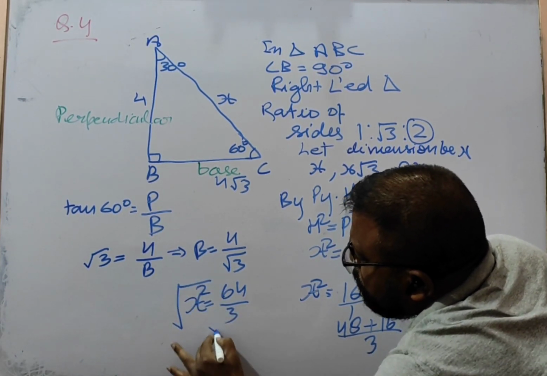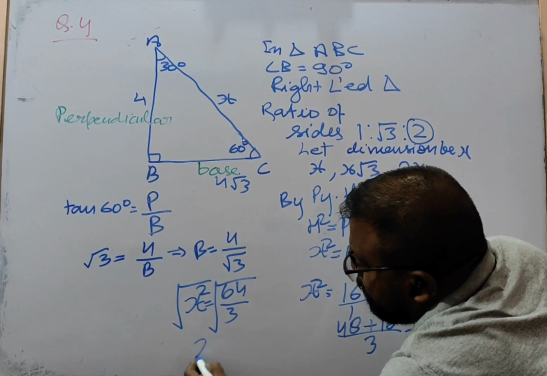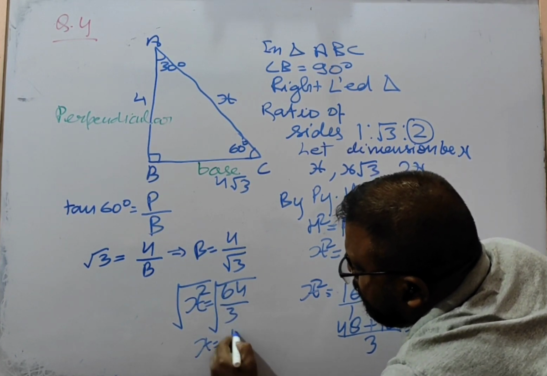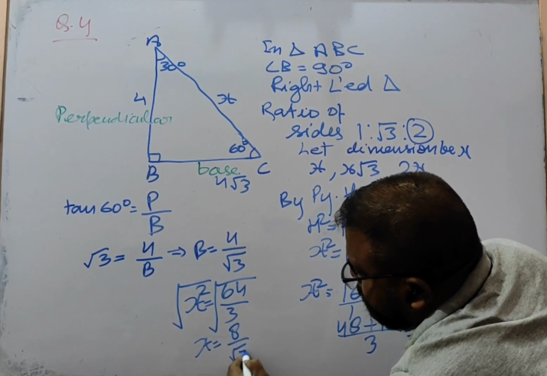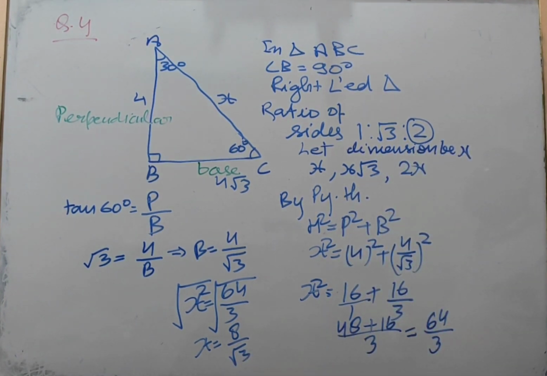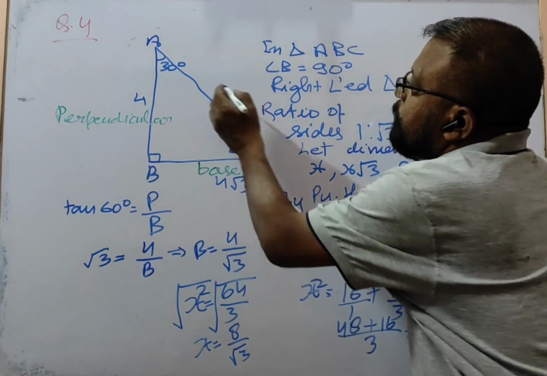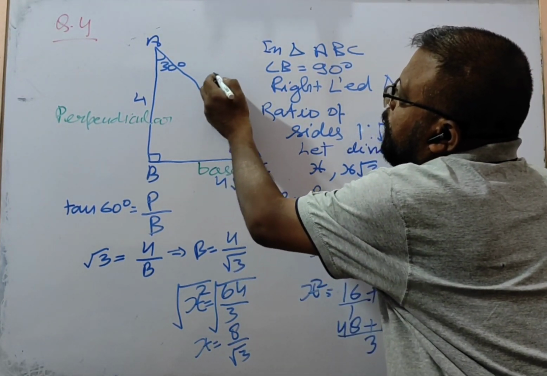Taking square root both sides, I get x is equal to 8 upon root 3, right? So the value of x is 8 upon root 3.